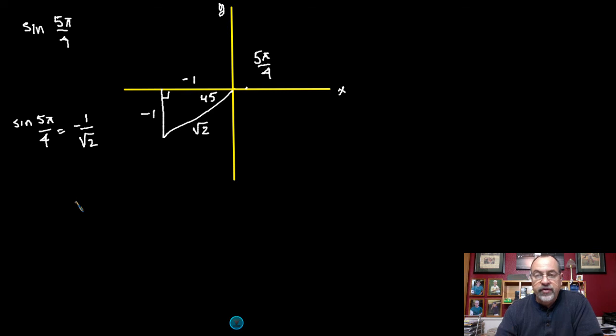Now, we could do this a little bit quicker if we remember what the sine ratio is, and then all we have to do is know what quadrant we're in, and then we can use what we learned about the relationship between the y values and the sine and the x values and the cosine, meaning the y value in this quadrant is negative, so the sine is going to be negative.